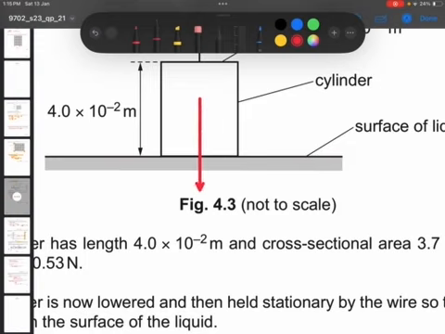So there is a weight going downwards. Now, since the question has said that this object is in equilibrium, the forces acting upwards must be equal to the forces going downwards. This statement was given so that you would know that the weight is actually 0.53 newtons.